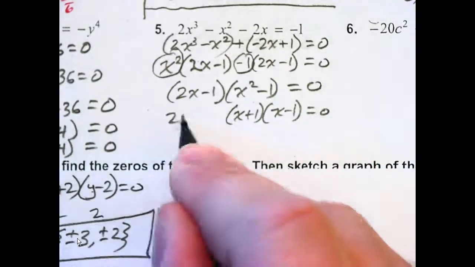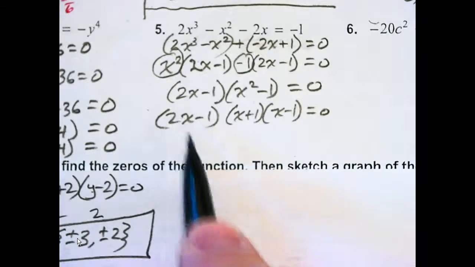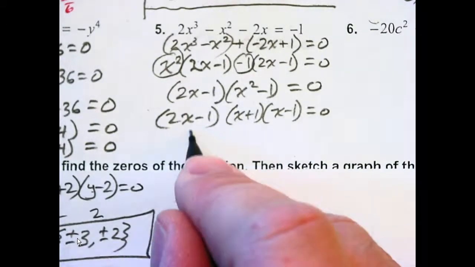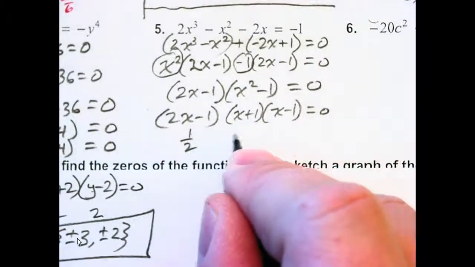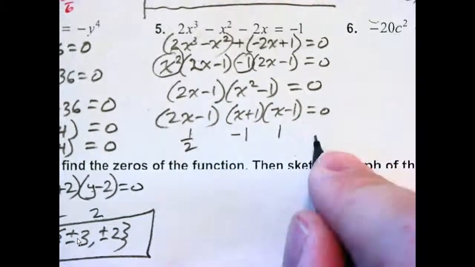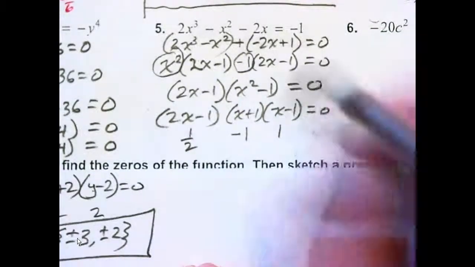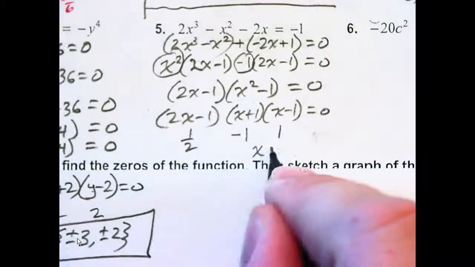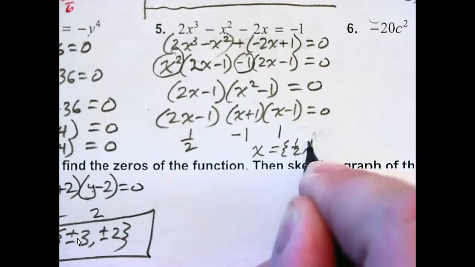This is 2x minus 1. What makes this 0? 1/2. We add 1 divided by 2. What makes this 0? So x equals 1/2 and plus minus 1.